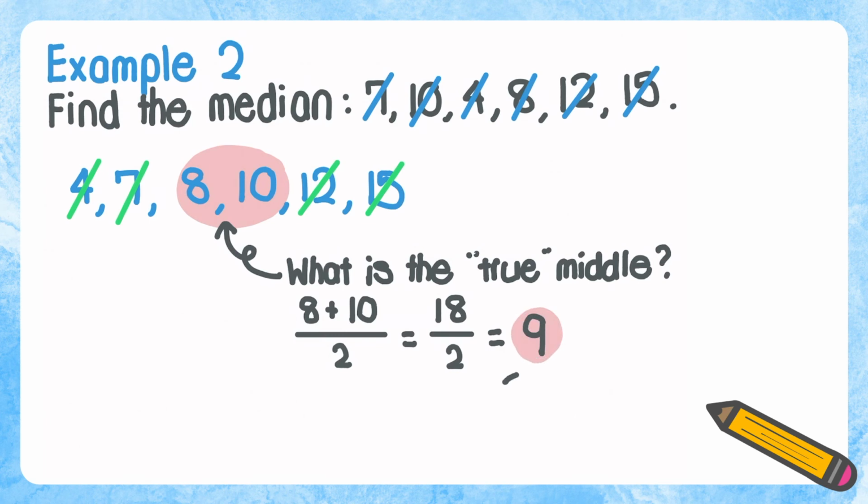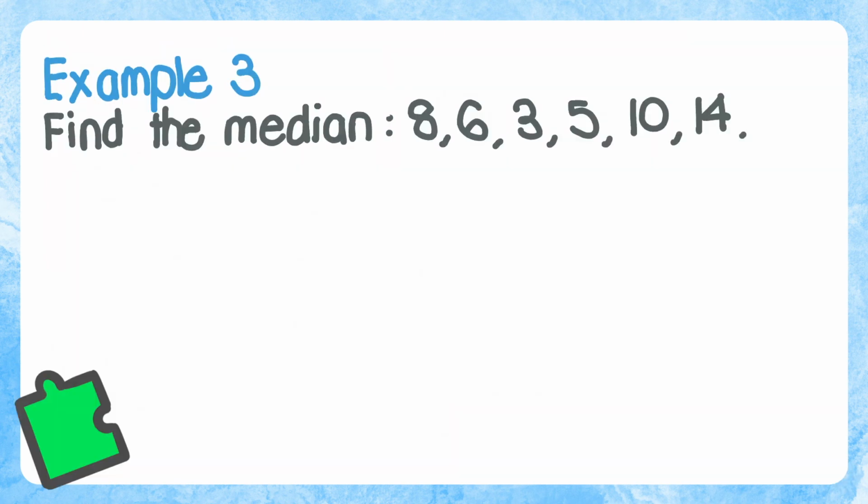So indeed, our median is this number, 9. So whenever you have 2 middles, you'll add the 2 and then divide it by 2 to find the true middle number, so the true median. Okay, so on Edpuzzle, please find the median of the following numbers.